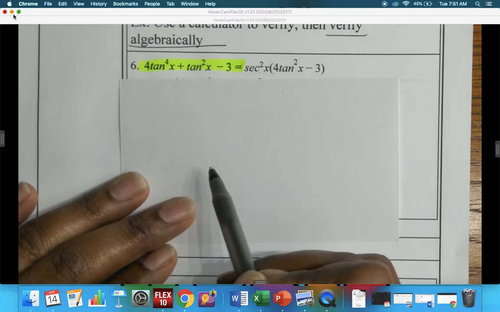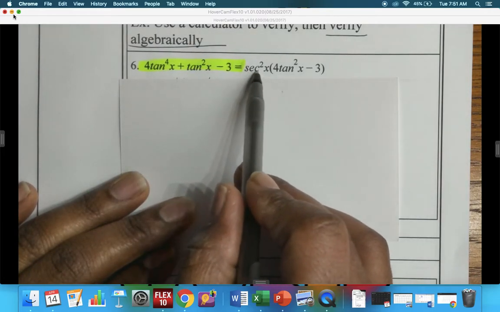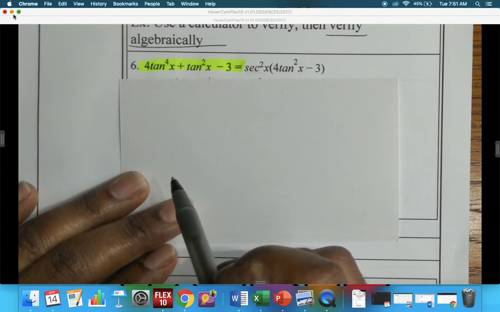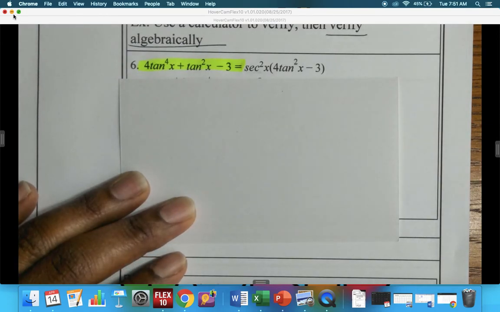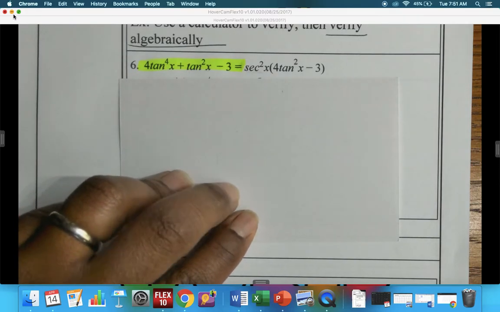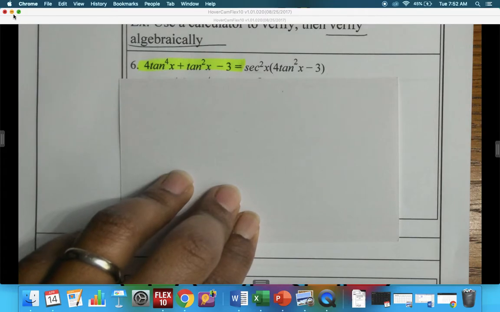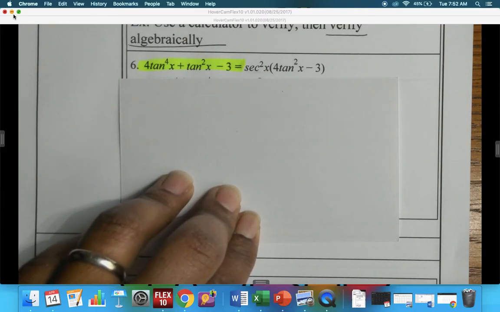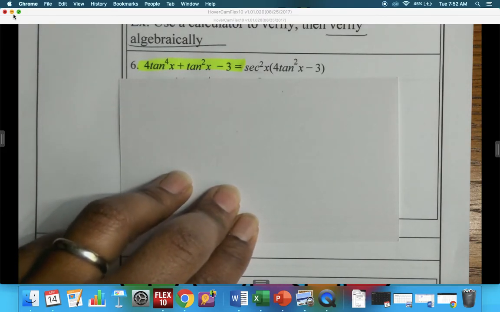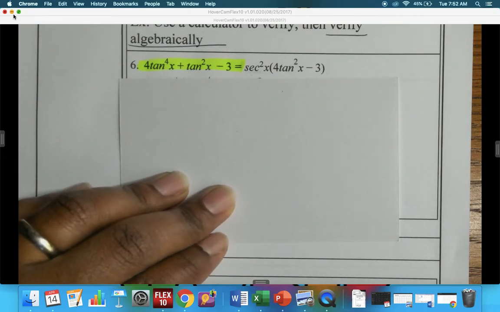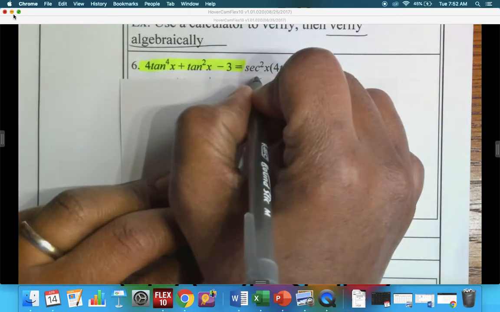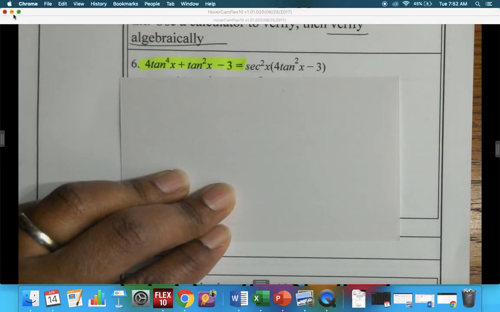When I go back and look at my Pythagorean identities, there's one involving secant squared. Okay, and so we go back and look and we see that secant squared is equivalent to tan squared minus 1. Correction, it's equivalent to 1 plus tan squared.